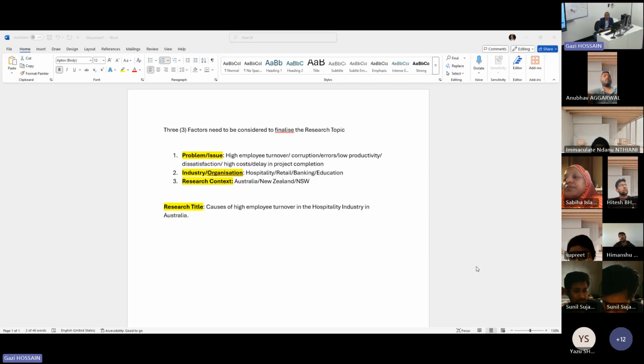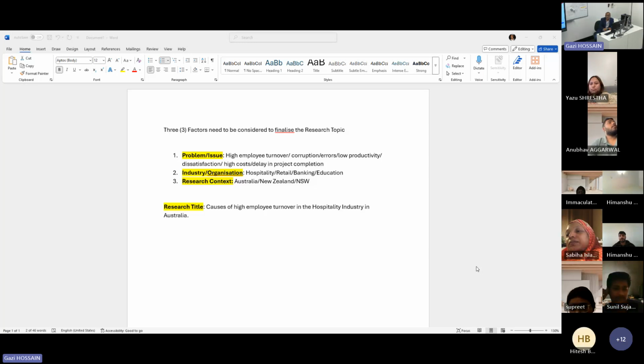It means you will be doing your research on the banking industry, but you are going to collect your data from Commonwealth Bank only. Commonwealth Bank is your case study, though you are doing your research on the banking industry.